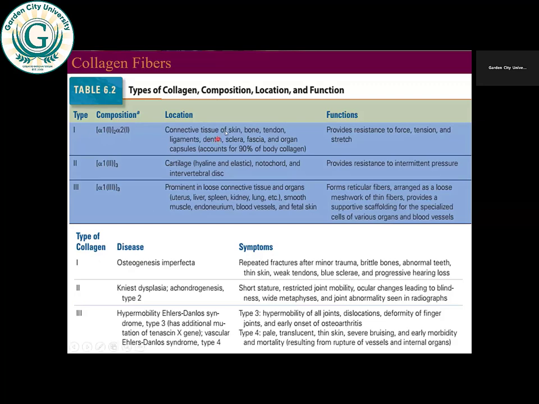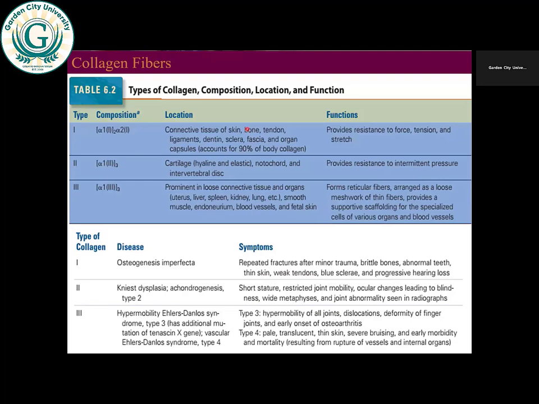So we know where we can find those collagen type 1 fibers. In such people, they have thin skin, weak tendons, and progressive hearing loss because the ear ossicles are type 1 collagen bones. These are small bones in the middle ear, the ossicles.